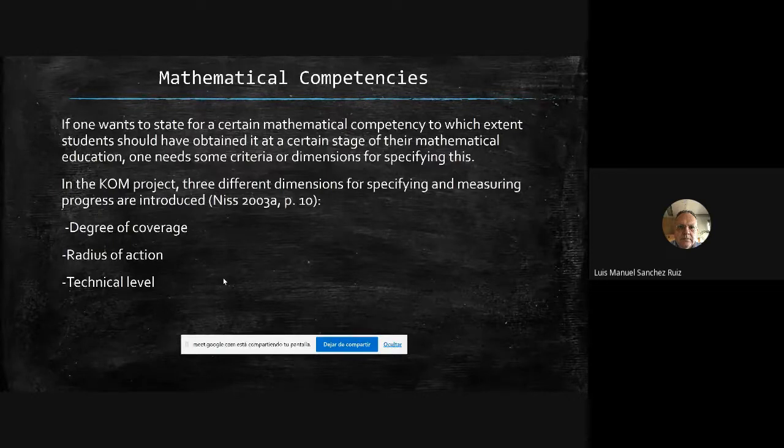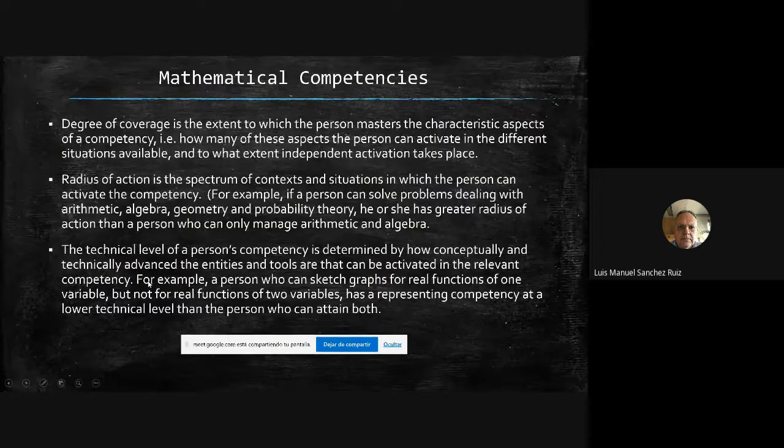But when you are speaking about mathematical competencies, and the mathematical competency may be the putting together of all the previous dissection of what a mathematical competence is, then there are also other aspects that you might consider, and they are the degree of coverage, the radius of action, and technical level of each competence. The degree of coverage is the extent to which the person masters the characteristic aspects of a competency.